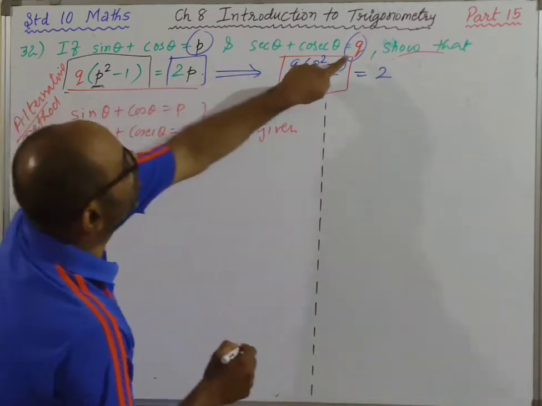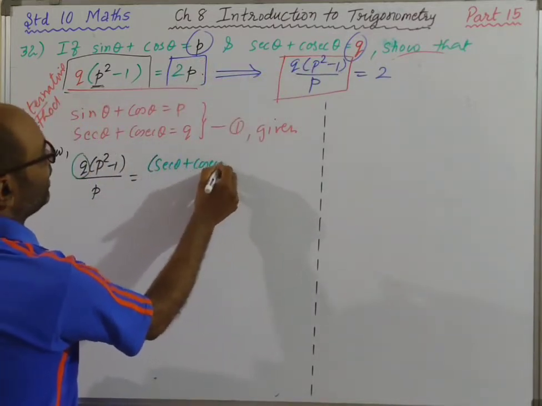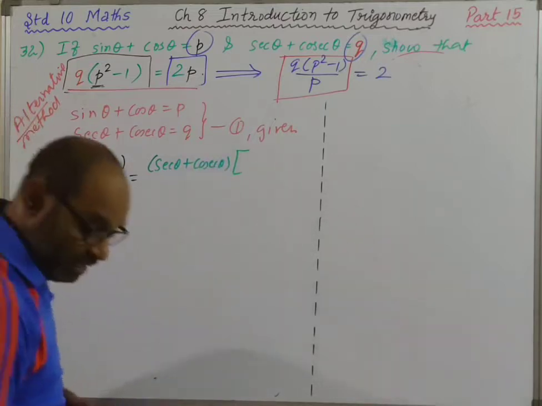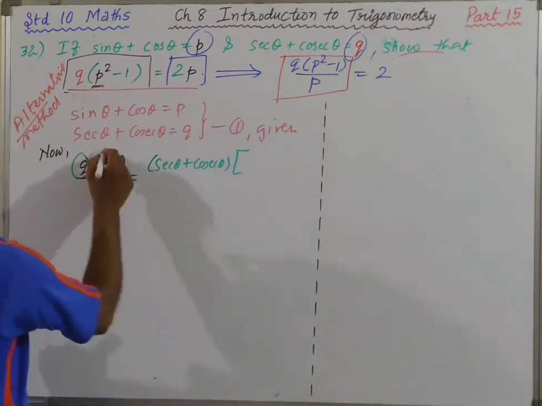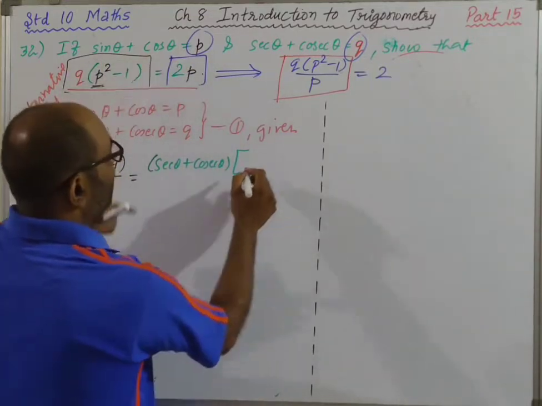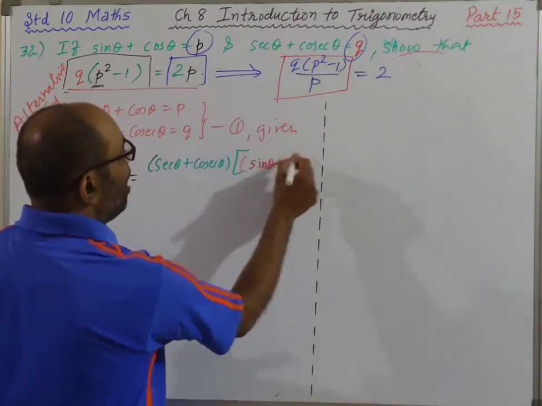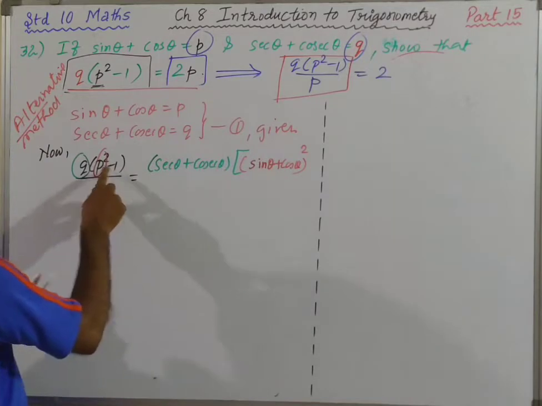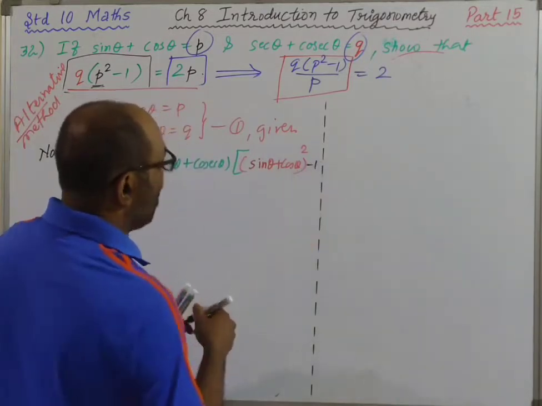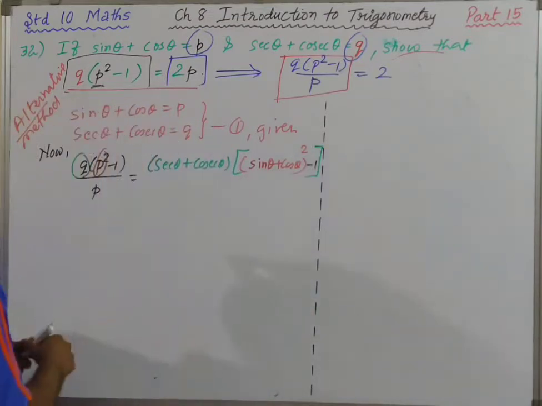What is q? Sec theta plus cosec theta into, open the large bracket, p square. Now I am going to take p square. What is p? Sine theta plus cos theta. So p square will be sine theta plus cos theta whole square. Aage minus 1. So minus 1. And the brackets gets over. Correct?